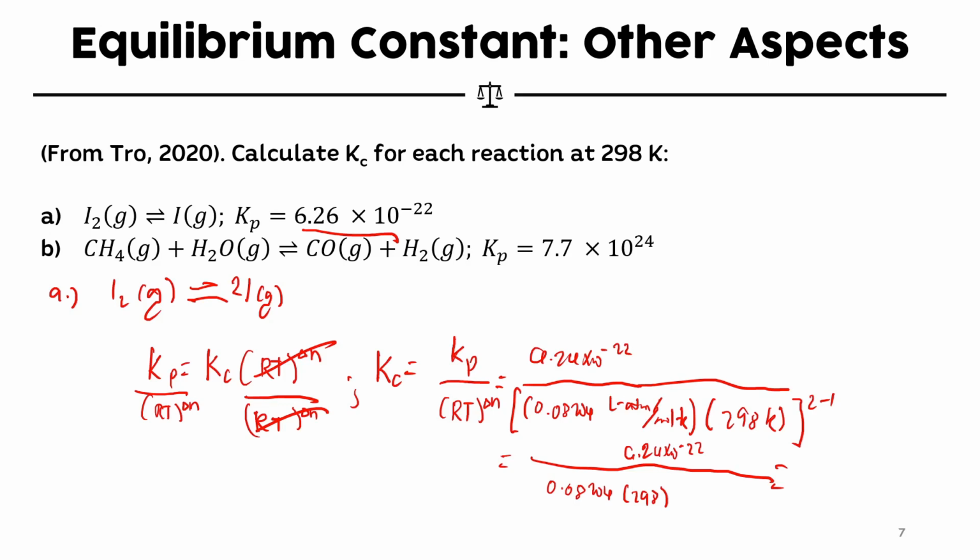And that is equal to 2.560 times 10 to the negative 23. So that will be our Kc for letter A.